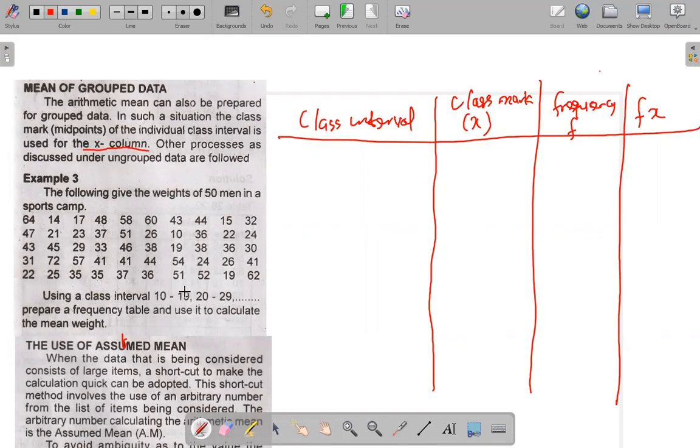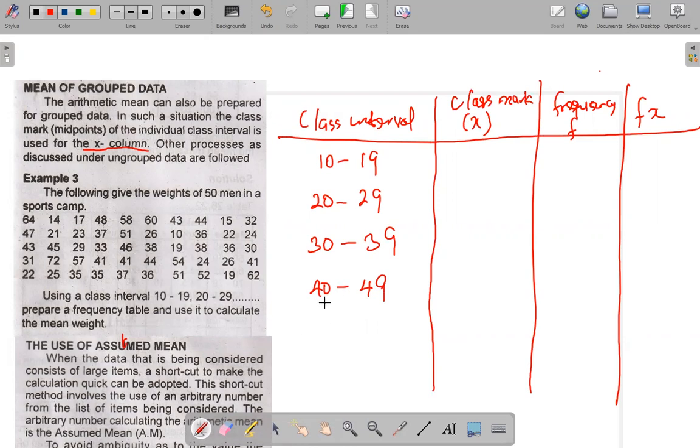The first interval is 10 to 19. The second is 20 to 29. The next will be 30 to 39. It's a difference of 10 in each of the intervals. The next will be 40 to 49. What is the highest item here? I have up to 60, 64.